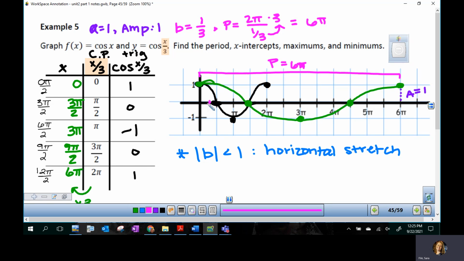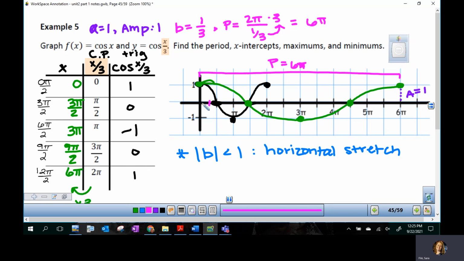So it's not even a full cycle. It's not even a quarter of a cycle. It's a real small number. And we could get the number because we know the period is 6 pi. The frequency is 1 divided by the period. So 1 divided by 6 pi is approximately 0.05, if you calculated it.